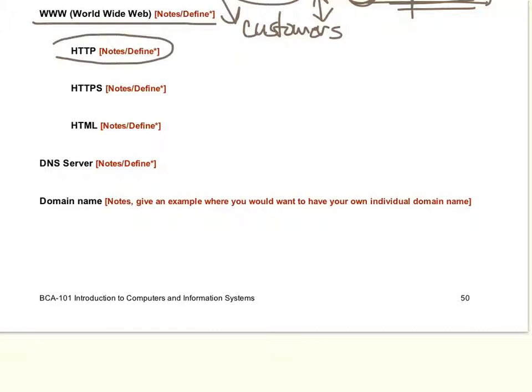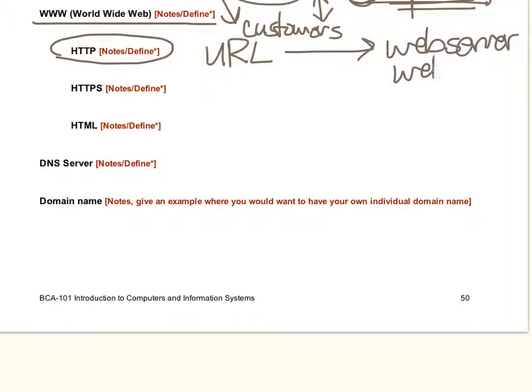They created this protocol, part of the TCP/IP suite, Hypertext Transfer Protocol, which allows us to use a URL and connects us to some web server showing us a website, which makes it easy to get that information.